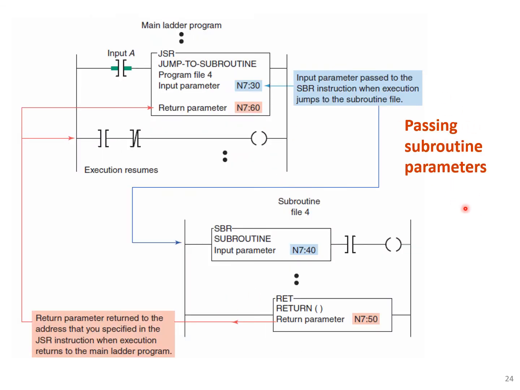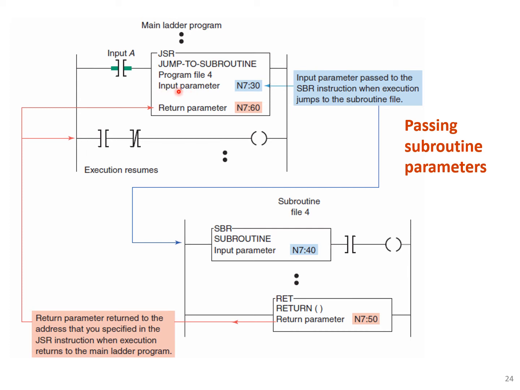Passing subroutine parameters. So it's very similar, again, subroutines to functions in other programs like C. And if you want to pass some data or inputs to the subroutine, we should do it here in the jump to subroutine instruction.